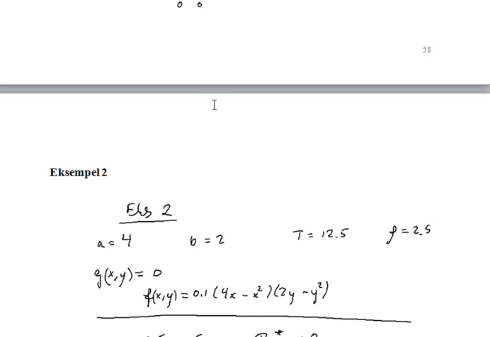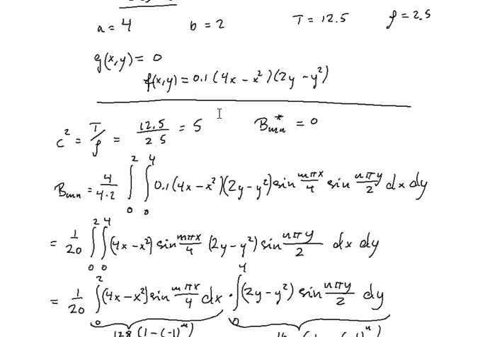So now consider the following example. The side length in x direction is equal to 4 and in y direction equal to 2, and the tension is 12.5. Don't think about the units, it's not important. And the density is 2.5. g of xy is equal to 0.